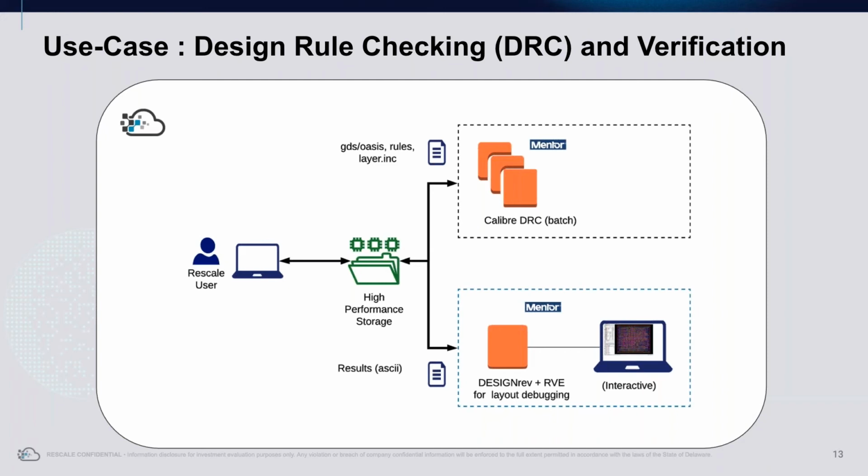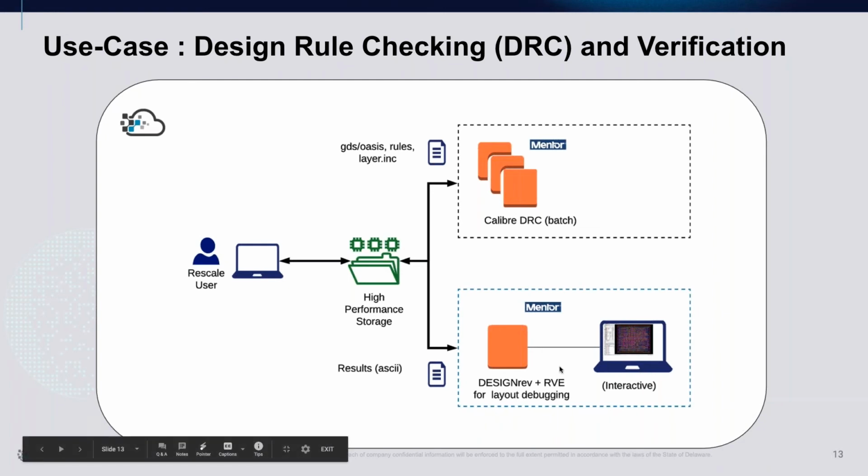If we run DRC for the latest generations of chips, some of these analyses could take a day, a couple of days, even weeks, right? This adds a huge bottleneck in the design process. The question is, how do we cut down the design cycle and improve your time to market? That's exactly the challenge we are addressing here.